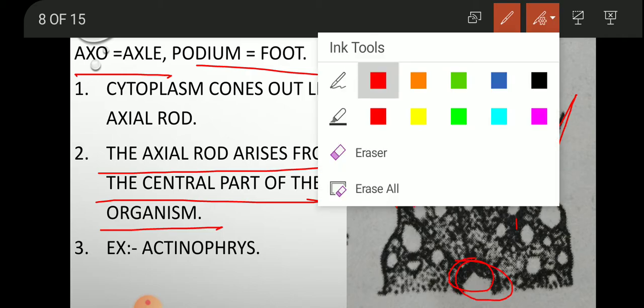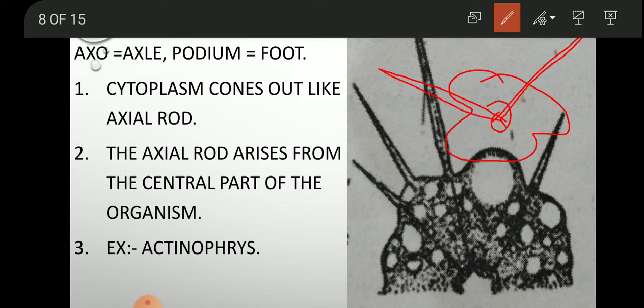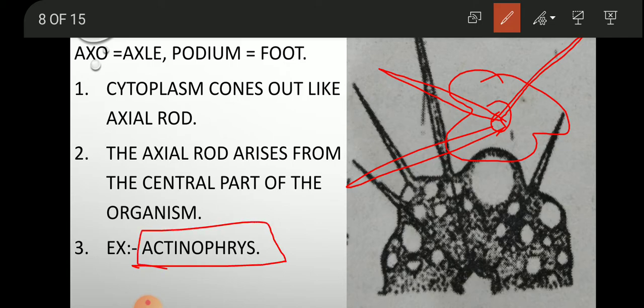Let us assume this as an organism and this as a central part. The axle arises from the center part of the organism. Okay, example is Actinophrys. Actinophrys, you have to remember these examples.